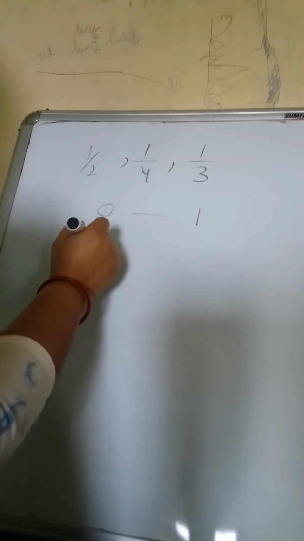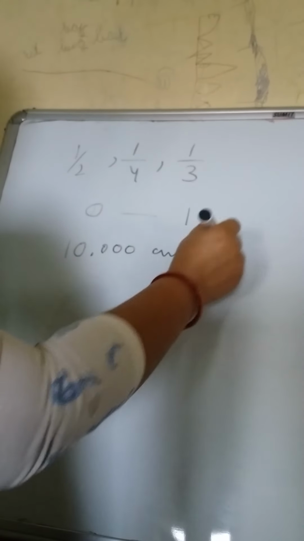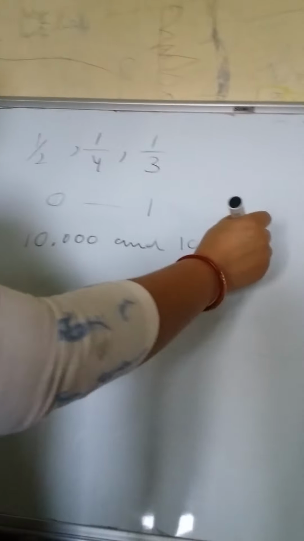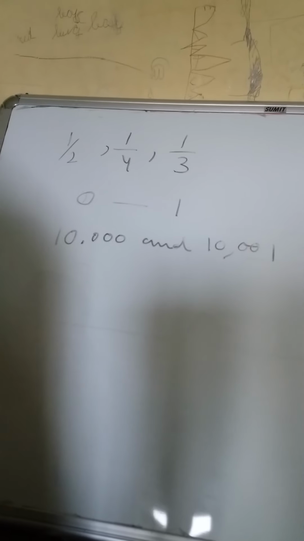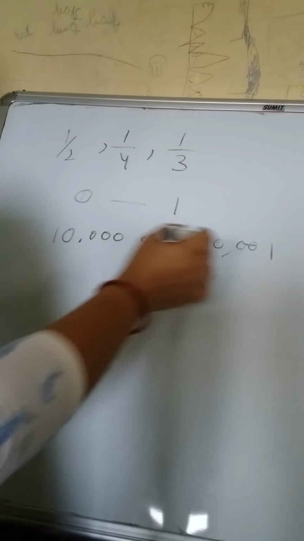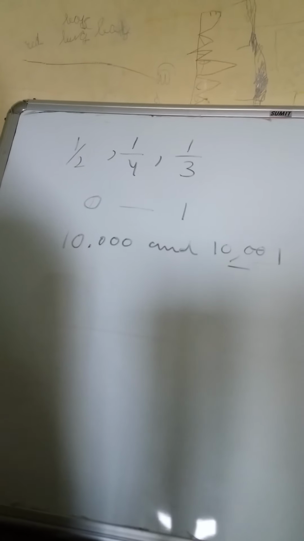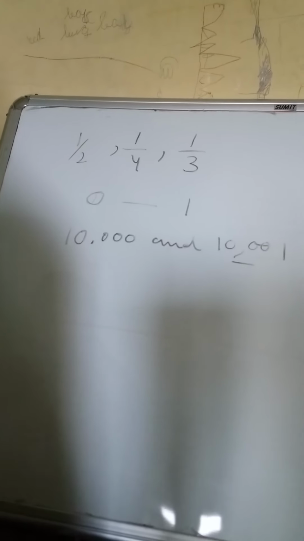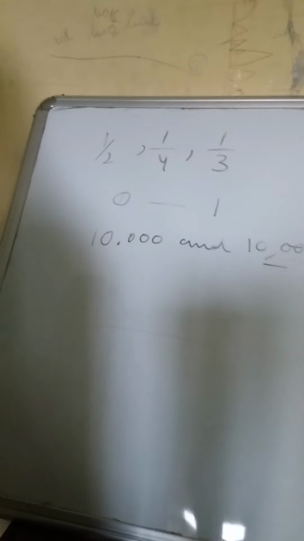If the rational number is between 10,000 and 10,001, it is not feasible to separate between 0 and this. So first we have to locate the two integers in between which the rational number is located.